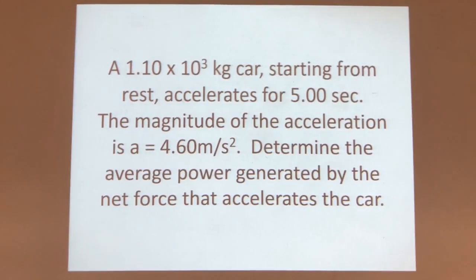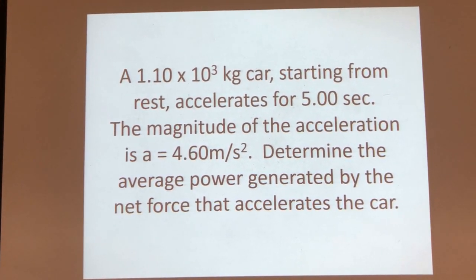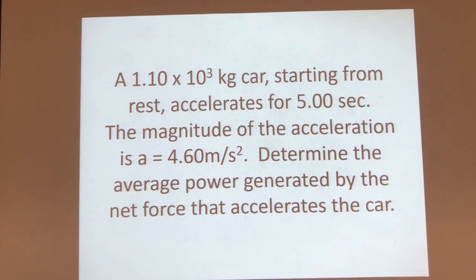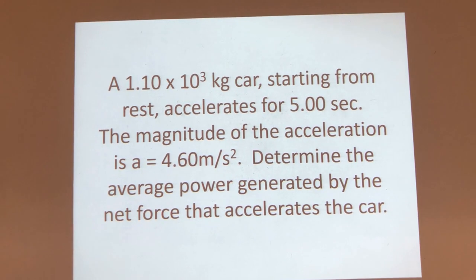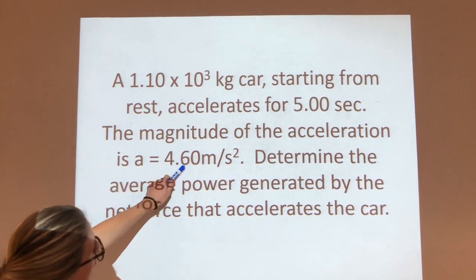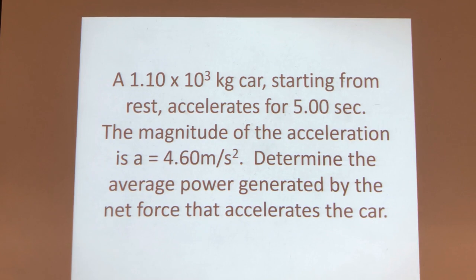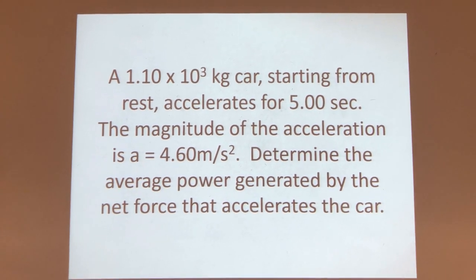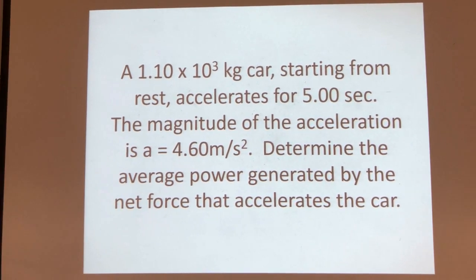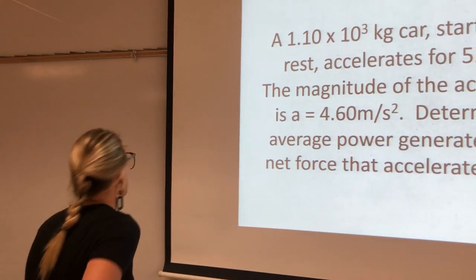A 1.1 kilogram car starting from rest accelerates for that many seconds. The magnitude of the acceleration is this. Determine the average power generated by the net force that accelerates the car. Seems like there should be more to this. Let's write down what we have.